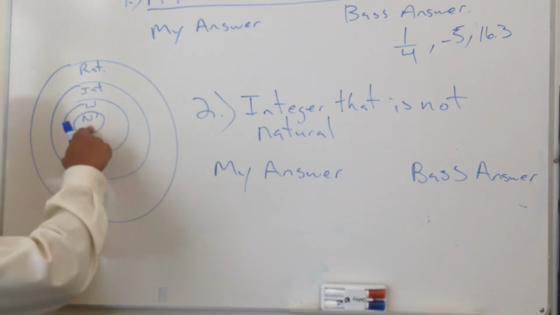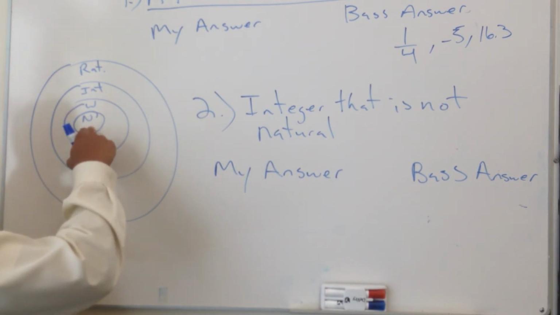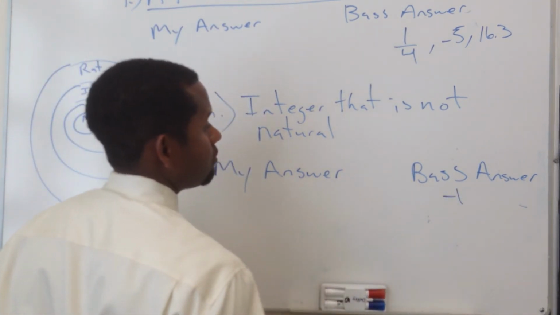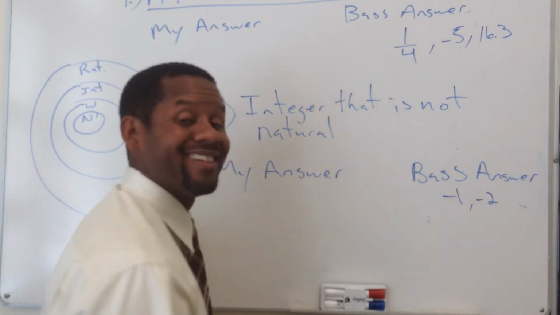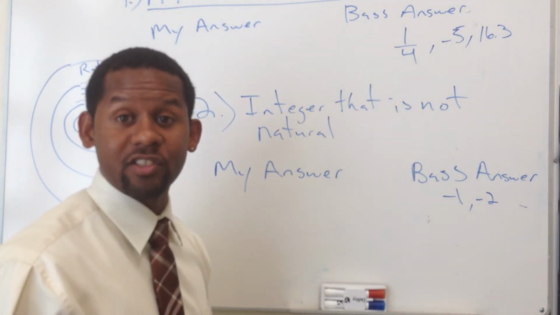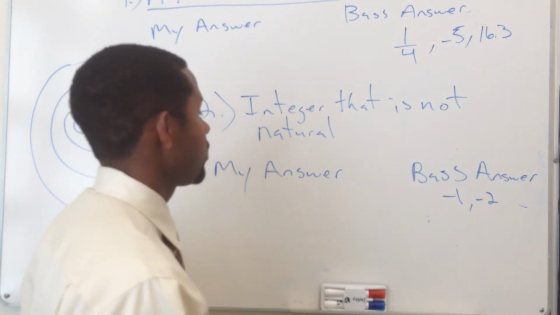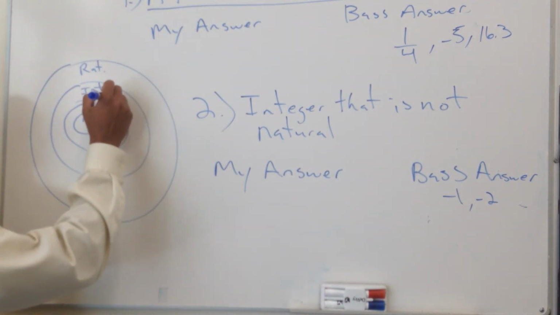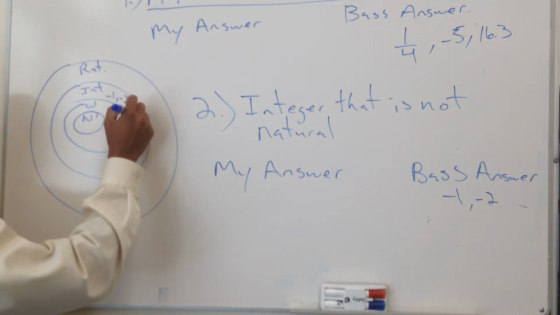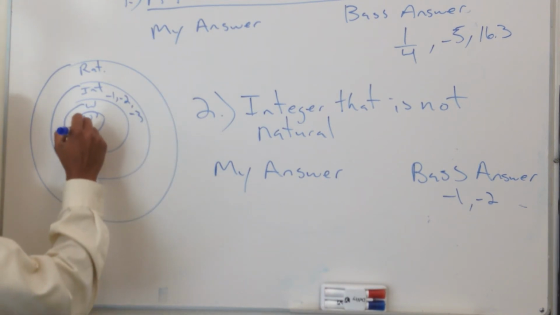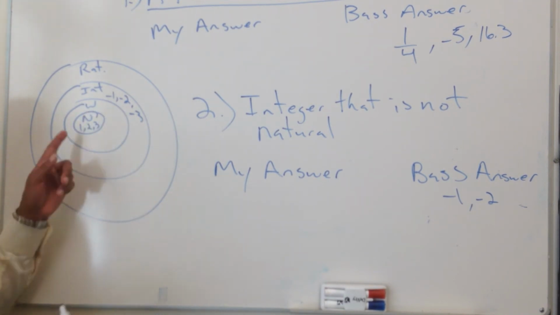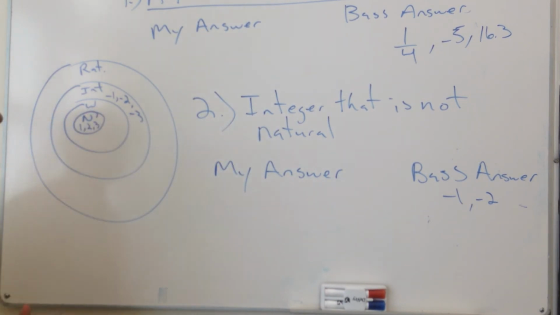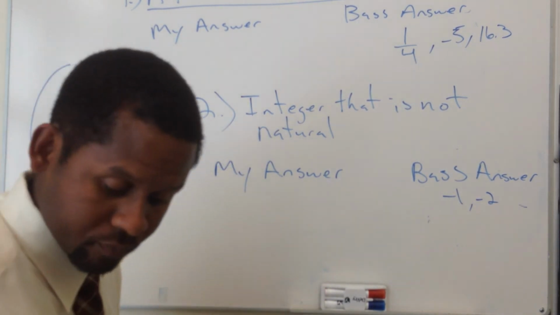Natural numbers go 1, 2, 3, 4, 5, 6. So if I just use -1 or -2, any negative whole number works. What did you use? Integers go -1, -2, -3, and so forth, and naturals start at 1, 2, 3. So I can't use 1, 2, 3, 4, 5, 6, but I can use anything else that's negative and an integer.